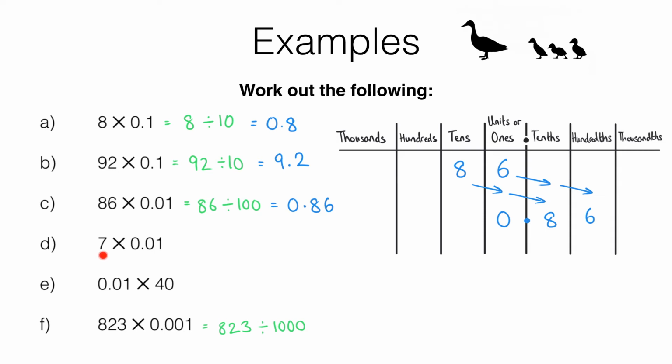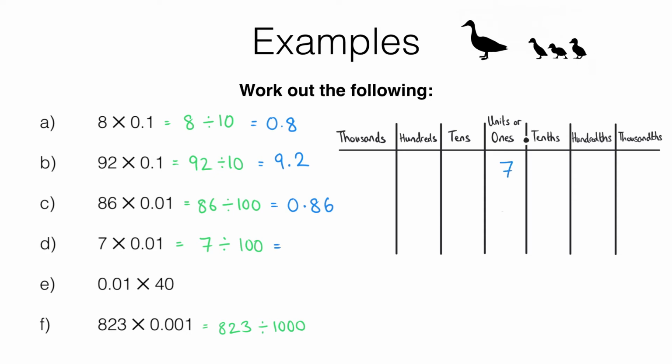Pause the video and have a go at question D. Here's what you should have got. You should have spotted that D was the same as 7 divided by 100. Remember, this is 7 lots of 1/100th, which is the same as 1/100th of a lot of 7, which is the same as dividing 7 by 100.